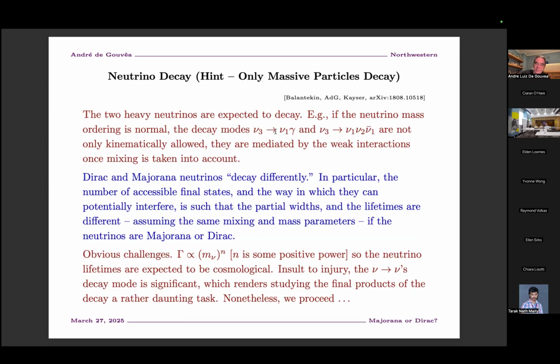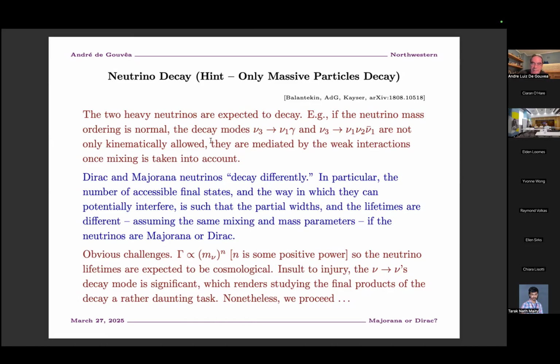And they have two well-defined decay modes. A neutrino can decay to a lighter neutrino plus a photon. And if you have enough phase space, a heavy neutrino can decay into 3 copies of the lighter neutrinos. So these decay processes are governed by the weak interactions, and they must happen.